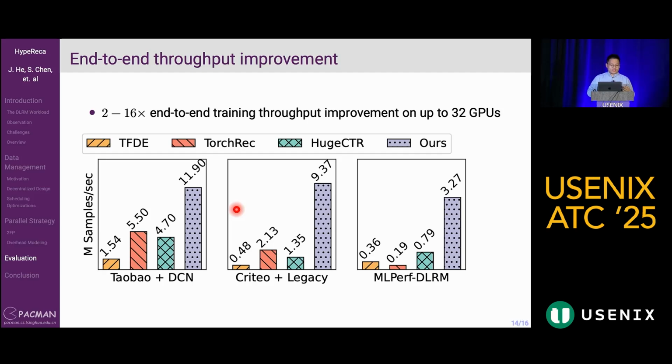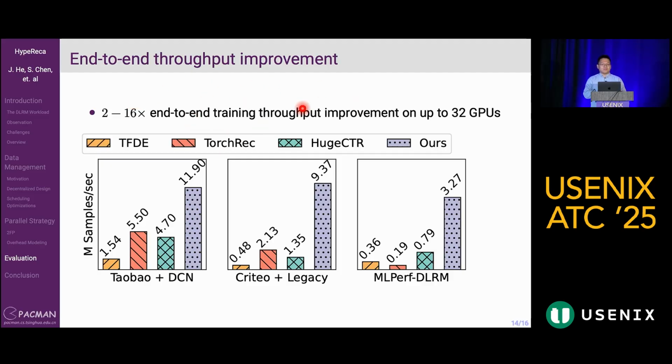Okay, then finally, the end-to-end throughput improvement. We conduct the whole training process of 3 different DLRM models on 3 different datasets on 32 GPUs, 32 high-end GPUs actually. And we have 3 state-of-the-art baselines, that is TFDE, that is TensorFlow Recommenders, if I remember correctly, and TorchRec.